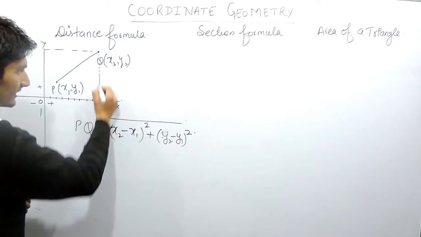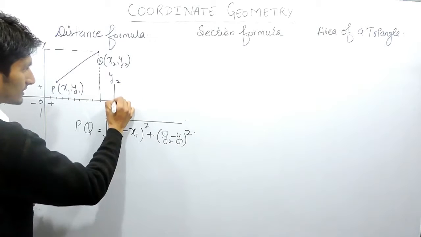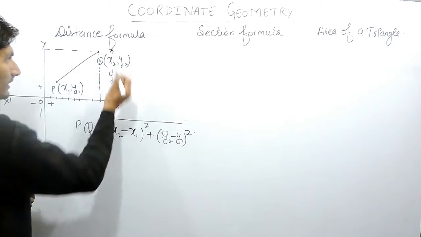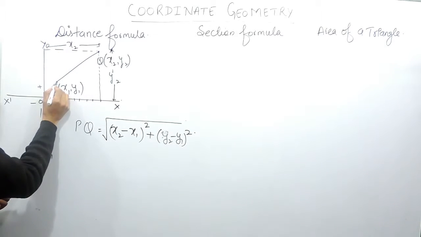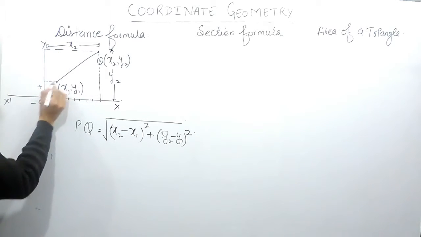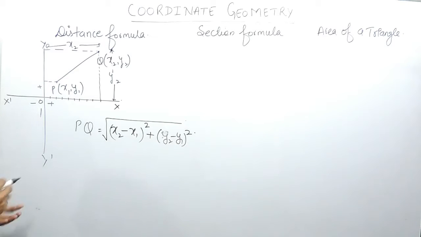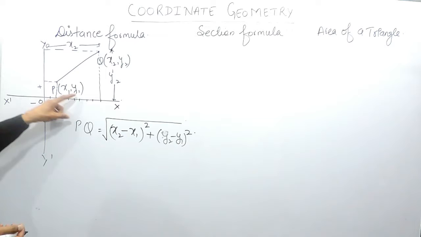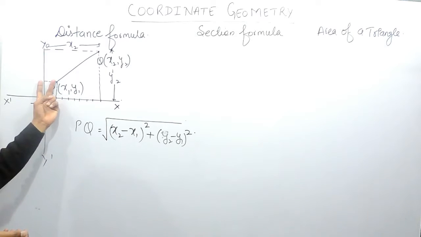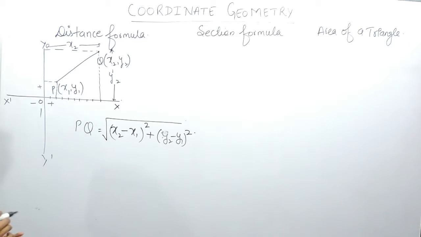So this complete distance is y2, and this distance from here to here is x2. And if I consider this distance and this distance, this must be y1 and this must be x1.